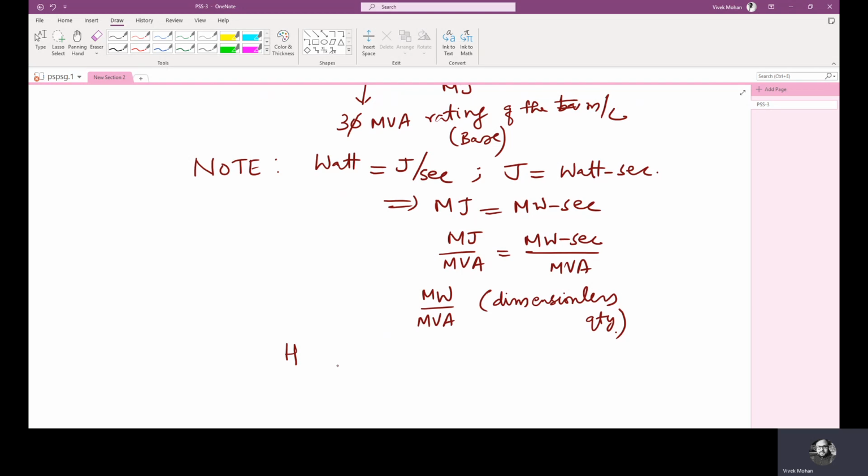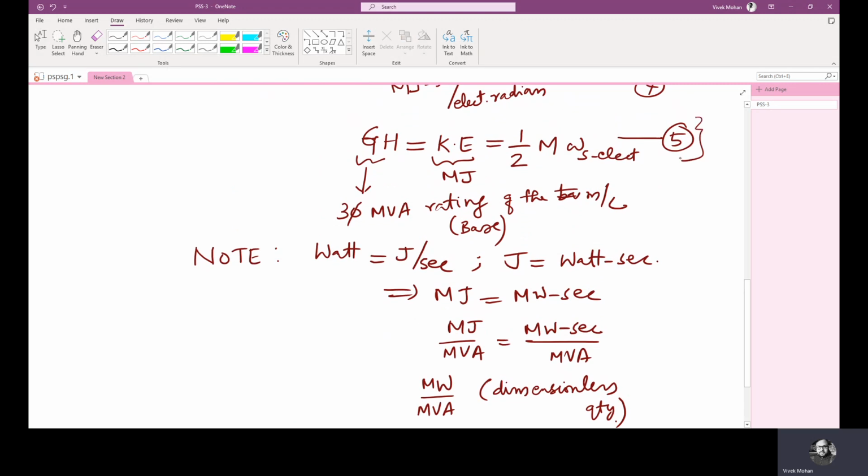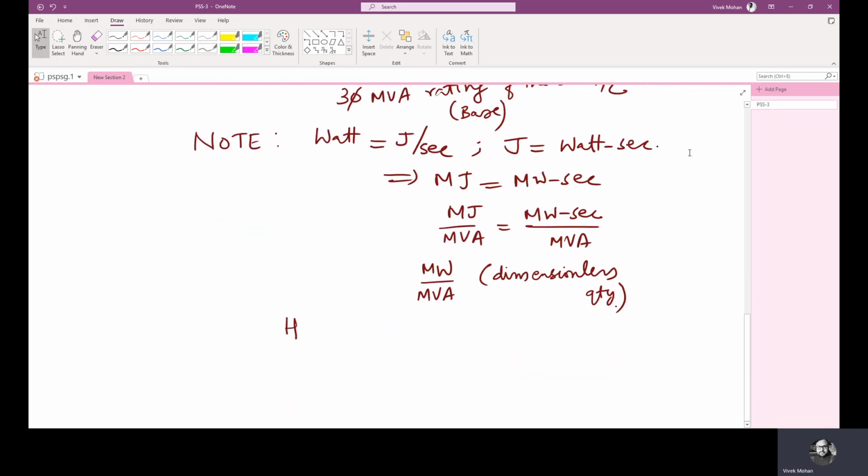Okay, so now from equation 5, here is your equation 5, we are going to get M. To define H, M equals 2GH divided by omega s electrical, which is equal to 2GH divided by 2 pi f, right?